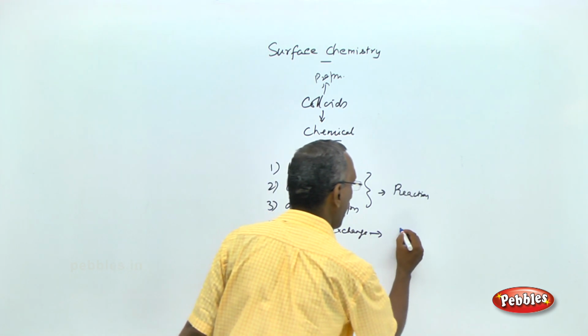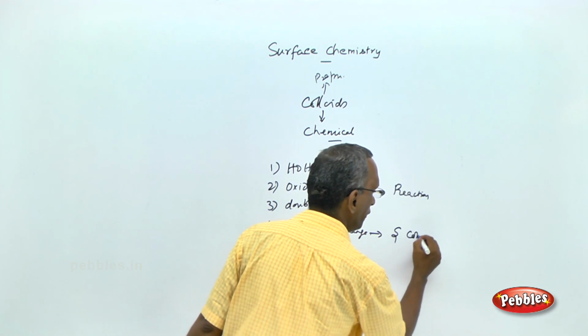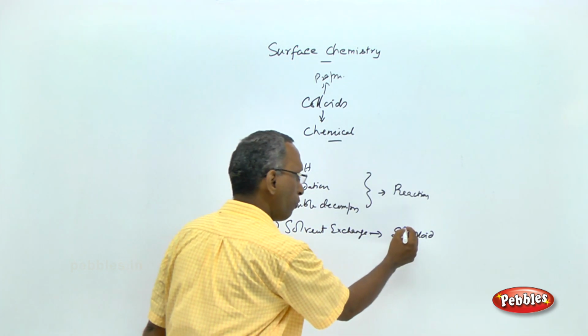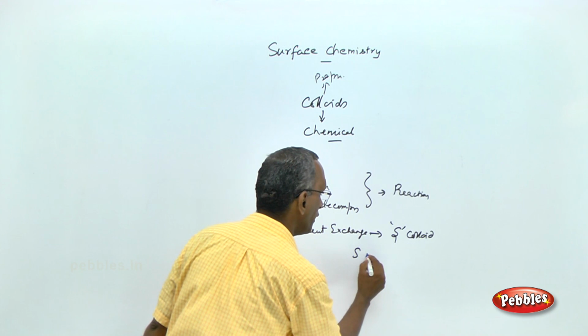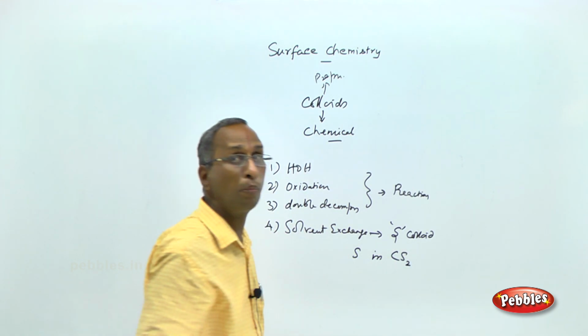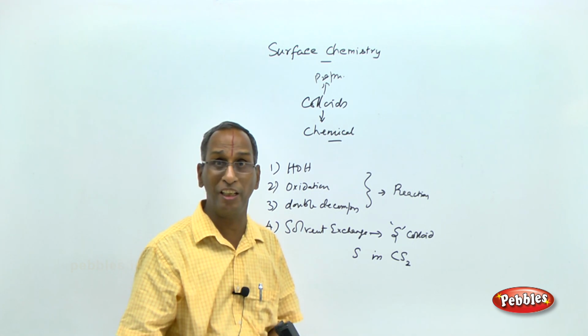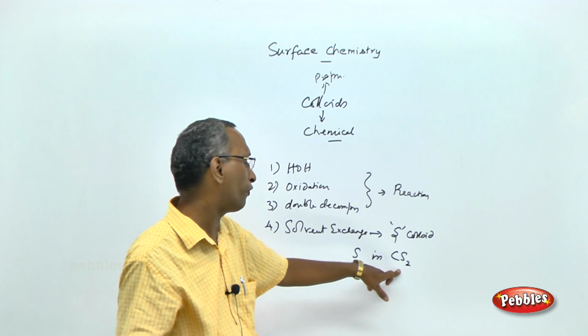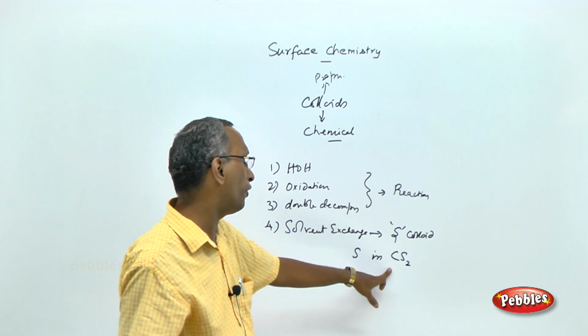If we want sulfur colloid, the sulfur is first dissolved in a solvent called carbon disulfide. We know that CO2 is carbon dioxide; similarly, CS2 is carbon disulfide. So carbon disulfide is a liquid.